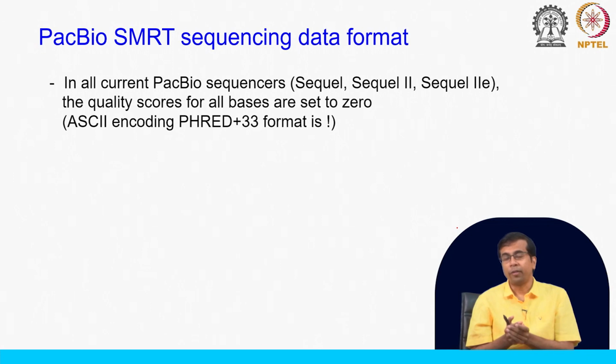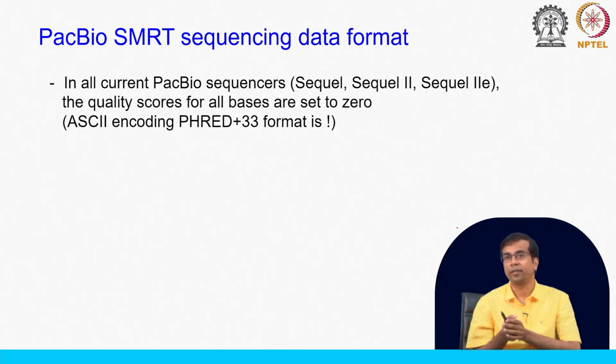Now, what you will probably see if you are working with SMRT sequencing data that was sequenced recently, in all current PacBio systems, like the ones we have shown a few classes back, the Sequel, Sequel II and Sequel IIe systems, is that the quality scores by default will be set to 0, and the ASCII encoding for all of them will be the exclamation mark, as you have seen in the Phred plus 33 format.